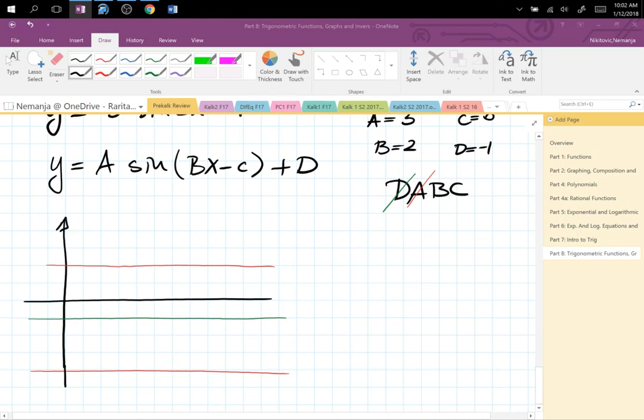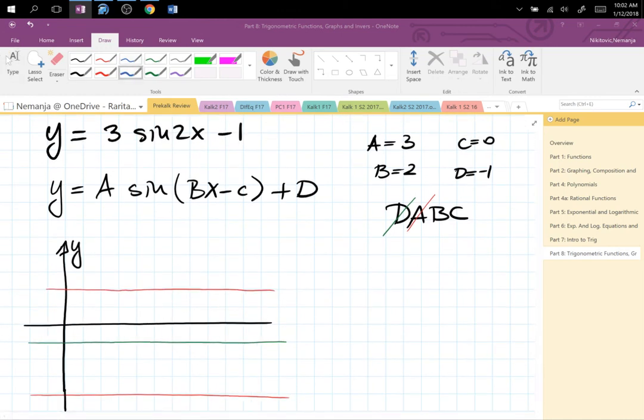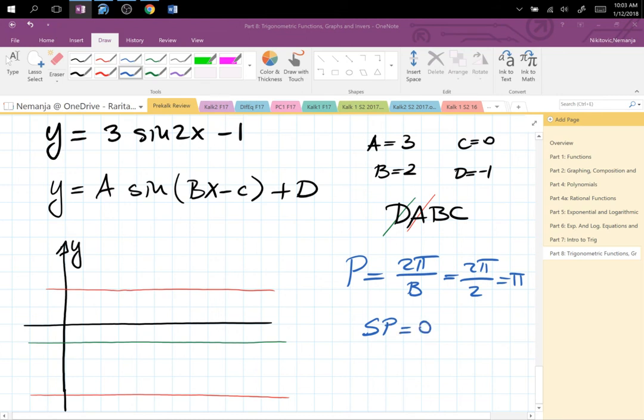box going. And then we are going to calculate the new period. So period is 2 pi over b, which is 2 pi over 2. So the new period is pi. Now starting point is still 0 because no c, right?